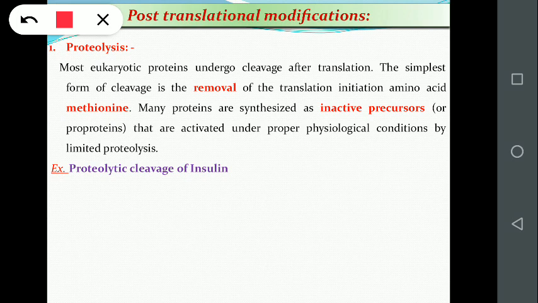In certain conditions, proteolysis takes place and that inactive protein becomes active. So that kind of proteolysis will activate the inactive proteins.